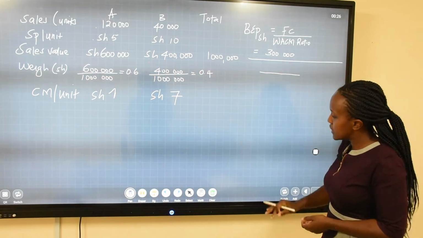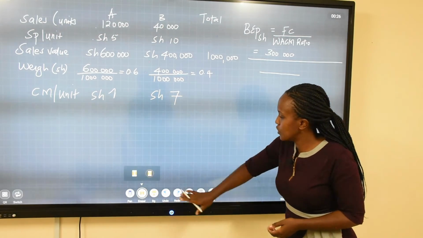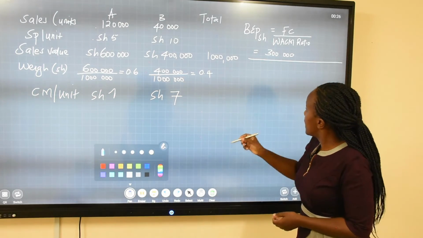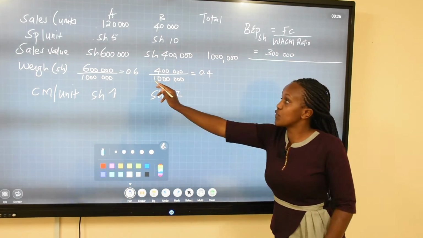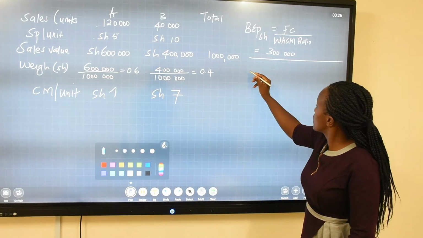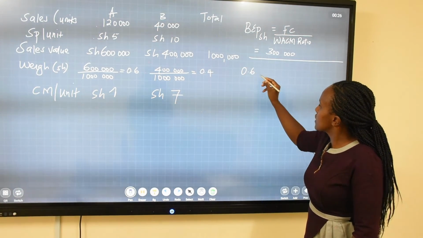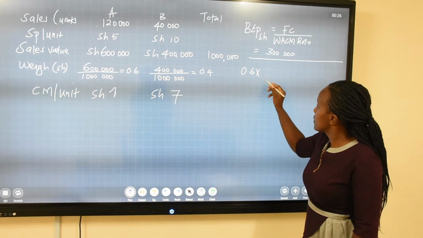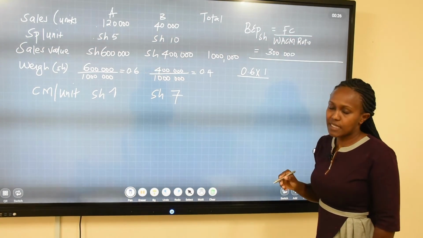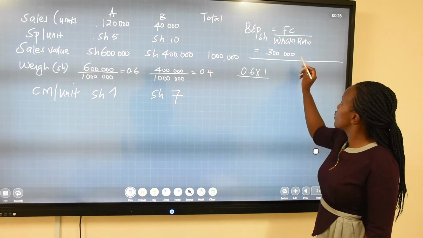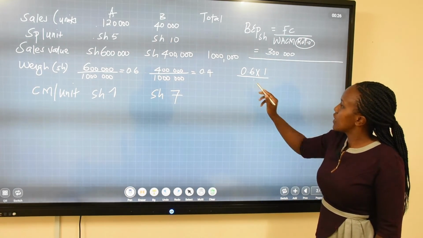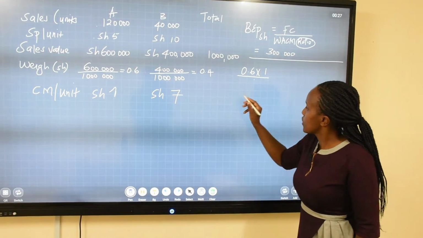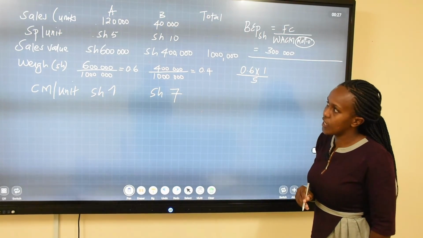Then our weighted average contribution margin ratio is given by weight of A. Now guys, the weight of A is now 0.6. Do not get yourself twisted here. Weight of A is 0.6 multiplied by contribution margin of A, shillings 1, divided by the selling price of A. Remember we said when you're using the ratio, we have to divide by the selling price. So the selling price of A is 5.